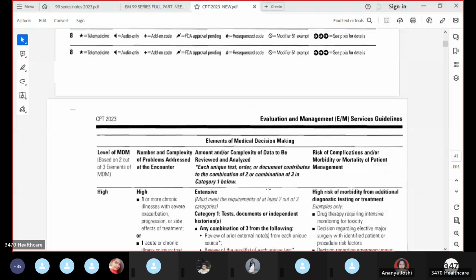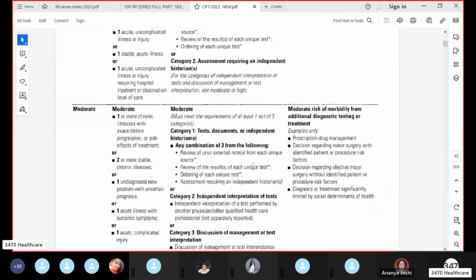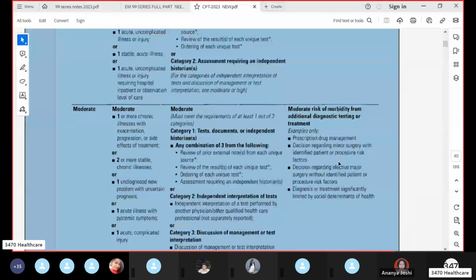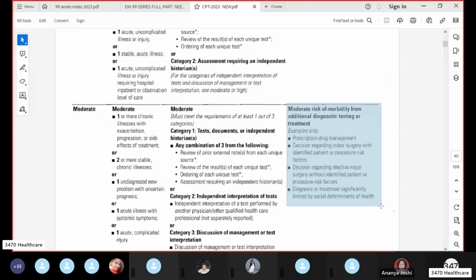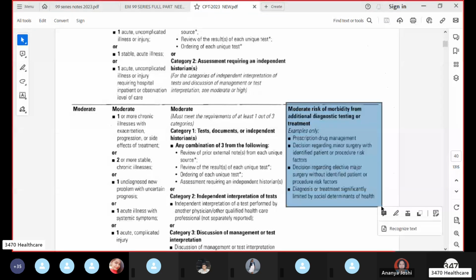Okay, so these are the moderate points. Under risk they have given some points, such as prescription. Most E/M charts will clearly give the prescription.